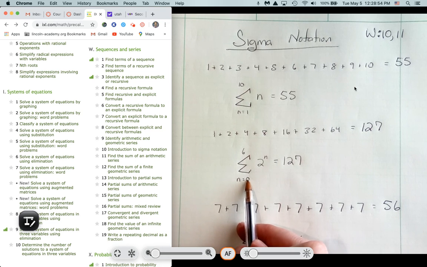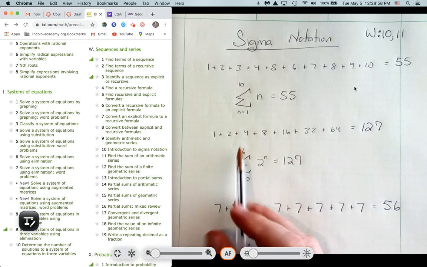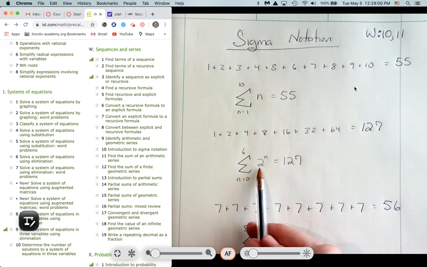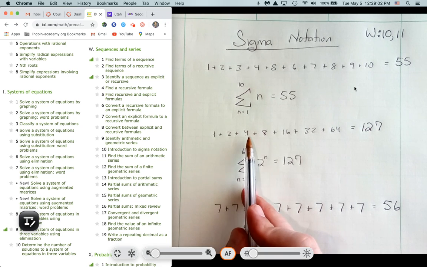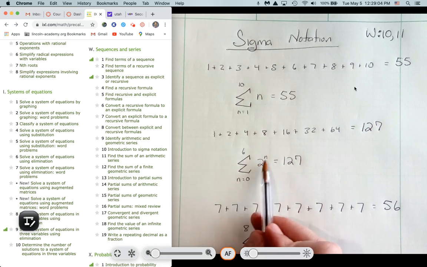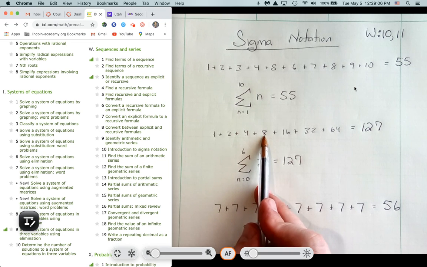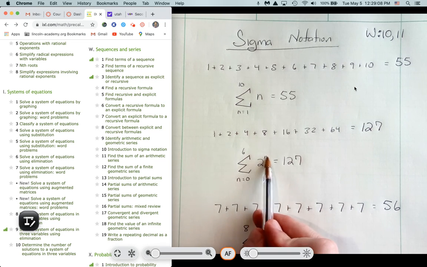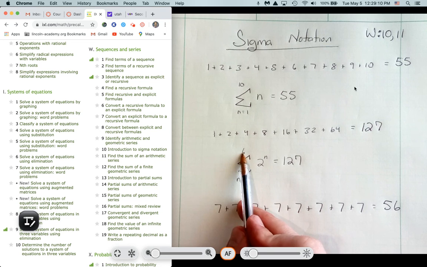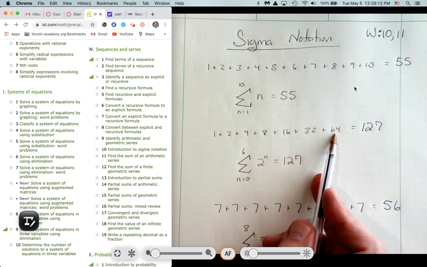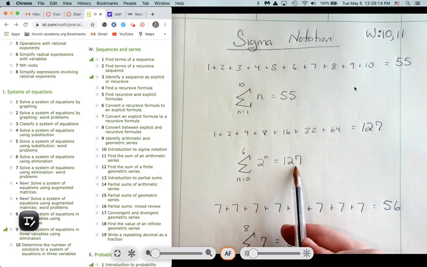And then as I increase my n by 1, 2 to the 1 gives me 2. 2 squared gives me 4. 2 cubed gives me 8, and so forth. 2 to the 4th would be 16, and I go up until I reach 6, which is 64, and then I add those up, which is 127.